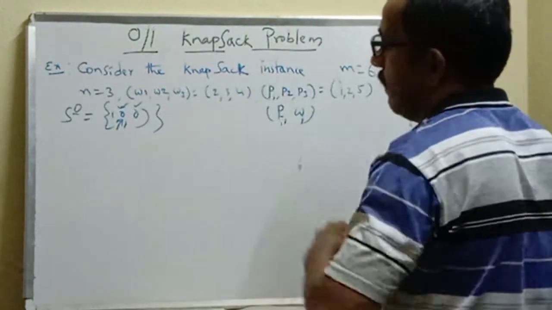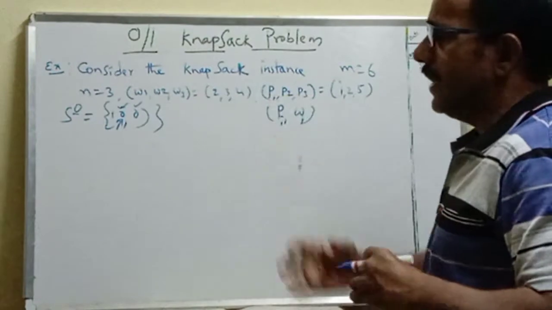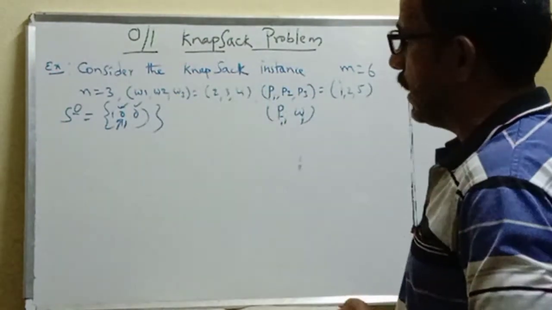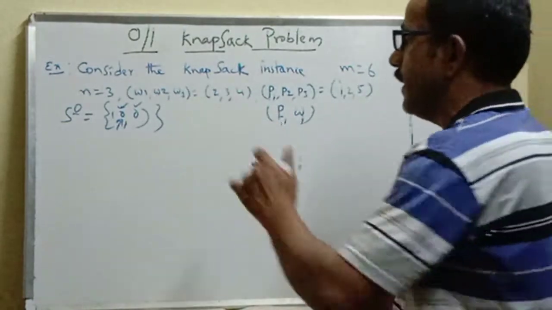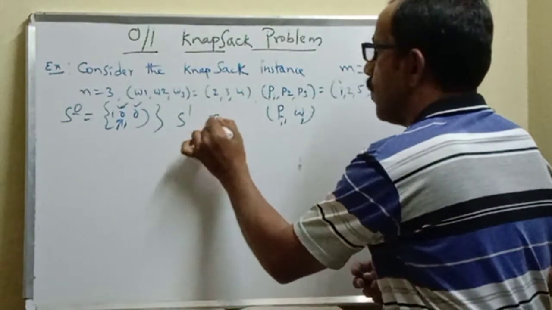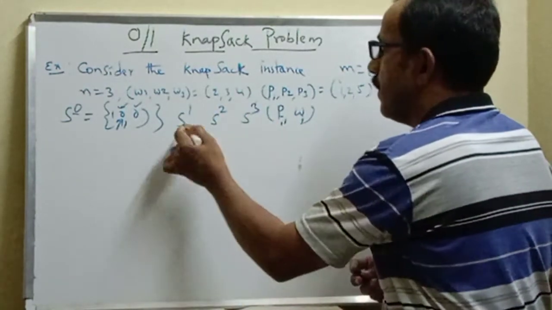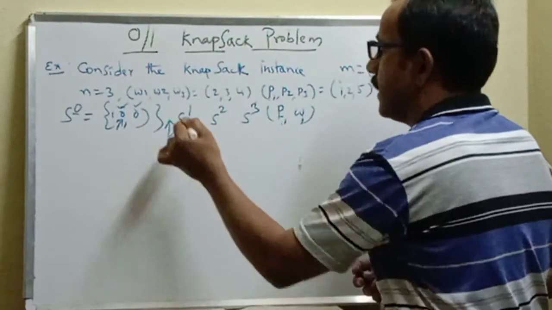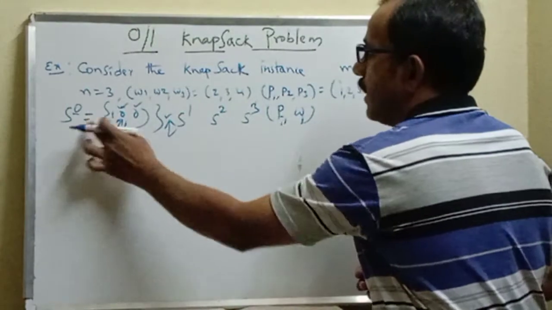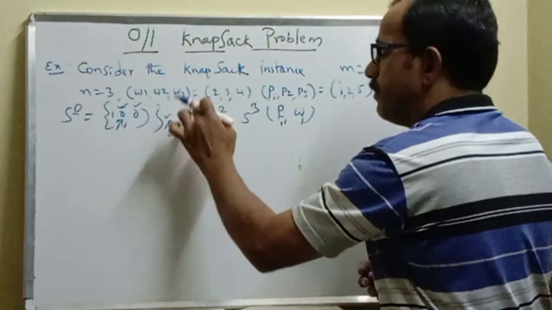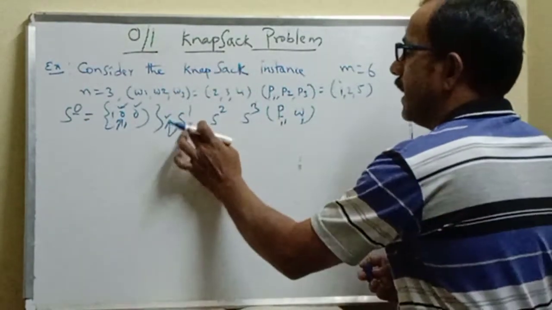Here we are going to calculate all the sets, initializing with (0, 0), based on the number of elements. The number of elements is 3, so we need to calculate S1, S2, S3. For calculating S1, we construct an intermediate result, and after calculating it, we combine S0 and the intermediate result to get S1.